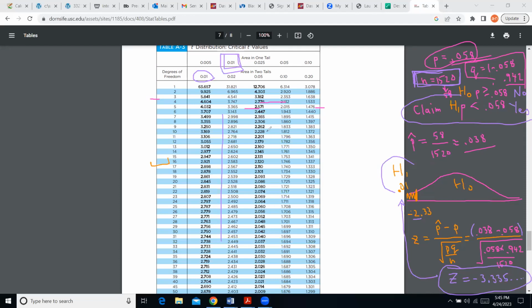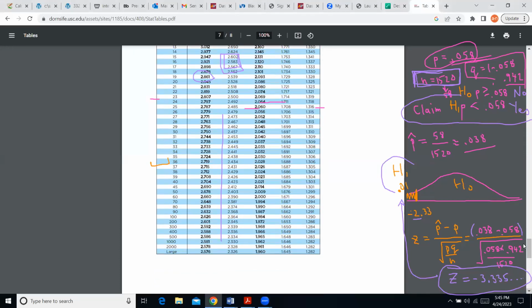Then notice that our z-score came out to be 2.33. And notice that 2.33 is here, corresponding to a very big sample size, like 2000 or something, a large sample. And if we have a small sample, 10 elements, 15 elements, well, the critical score is getting larger.